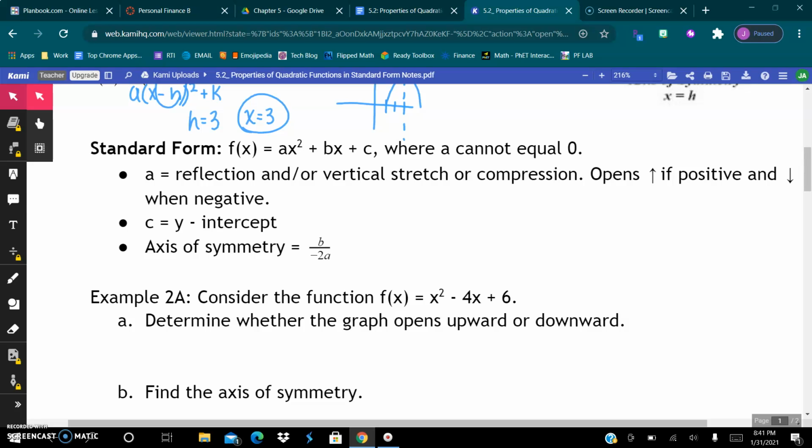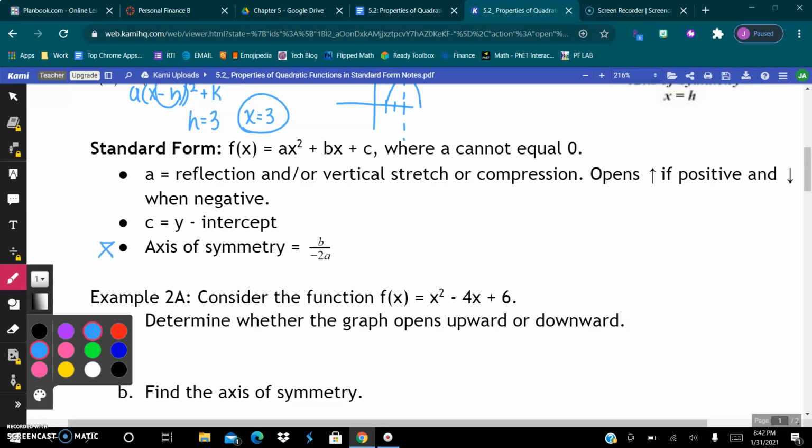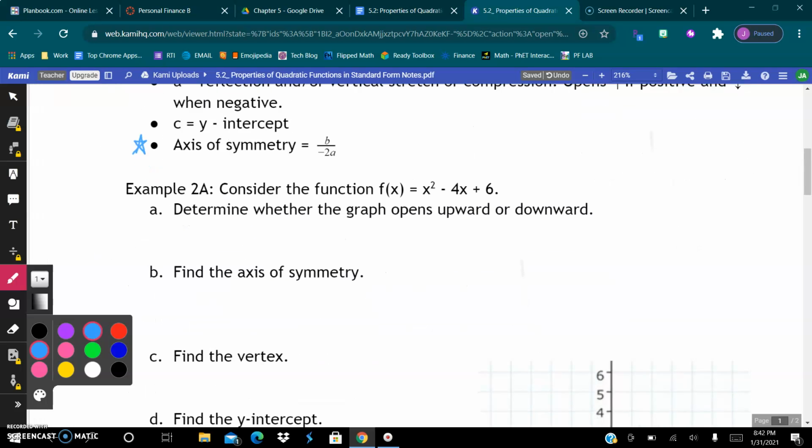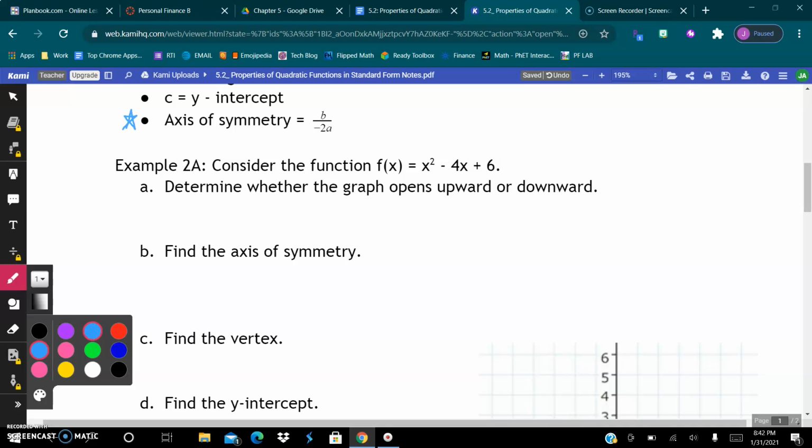C is the y-intercept, where the parabola goes through the y-axis. And then the axis of symmetry, this one is a new one, so we're going to have to remember it. To find the axis of symmetry out of standard form, we take the b value and divide it by negative 2 times our a value. So a little extra work on that part.